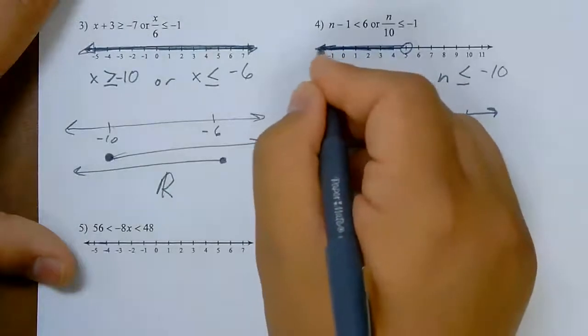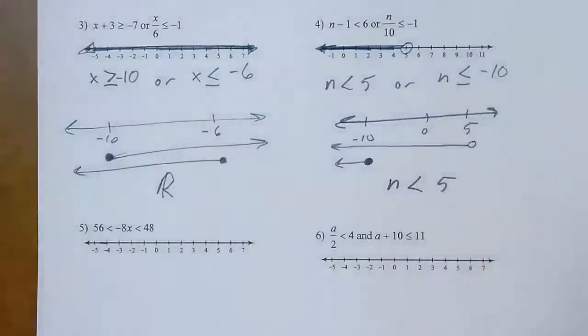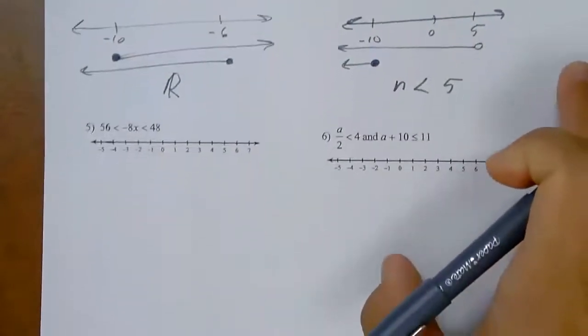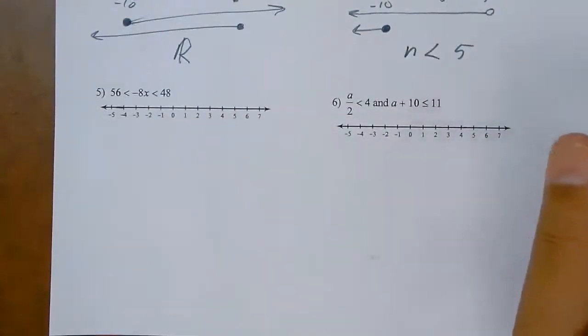And that's this inequality right here. Okay, n is less than 5. We're trying to graph as much as we can. Okay, so those are some or special cases. Let's take a look at some and special cases.